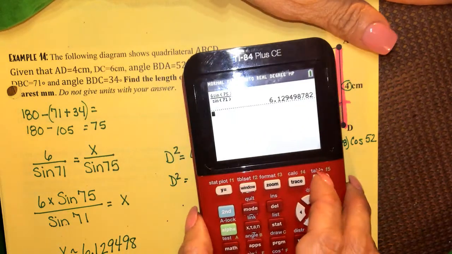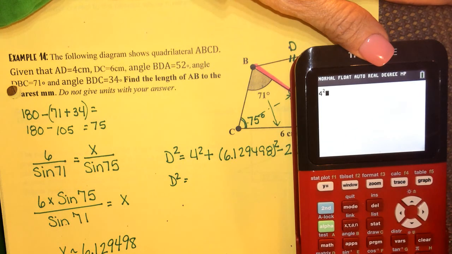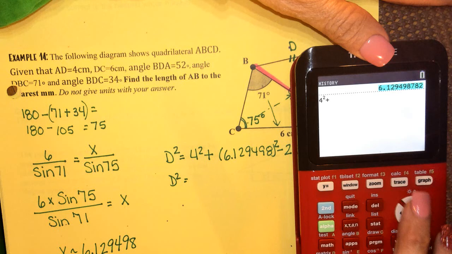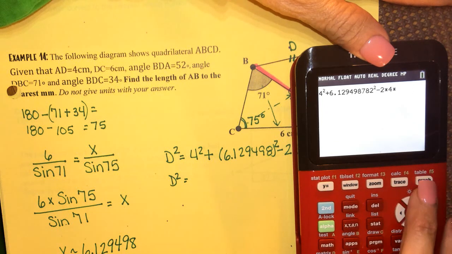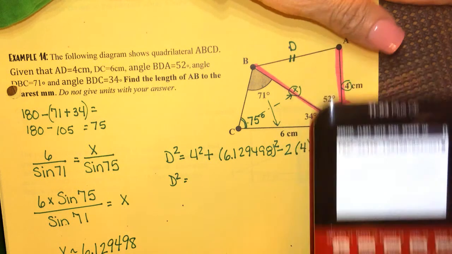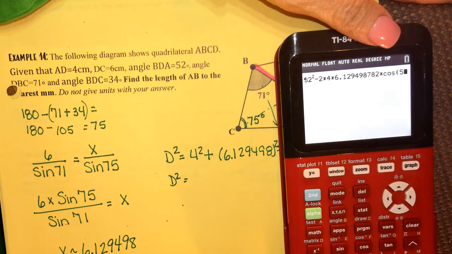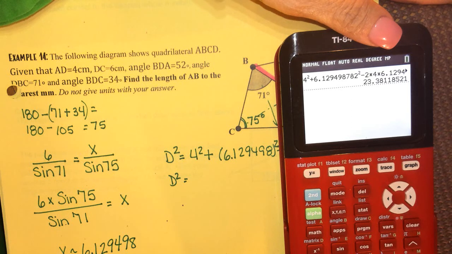Okay, so here's what I'm going to do. Move this over here to the side. I'm going to do 4 squared plus that number right there squared, minus 2 times 4 times that big number again times the cosine of 52. And that is not what I got.